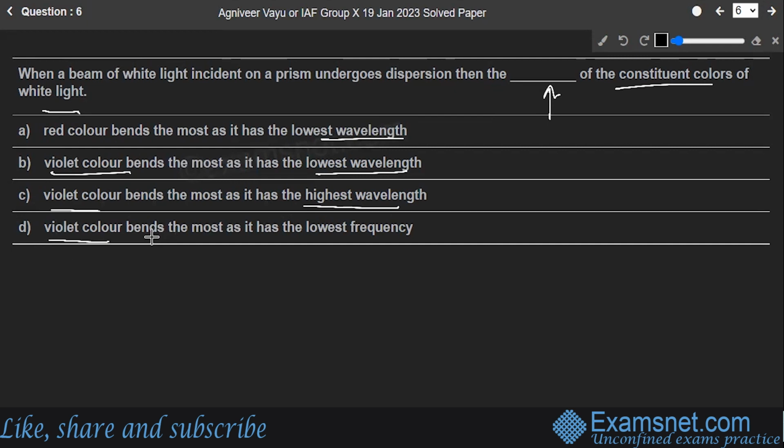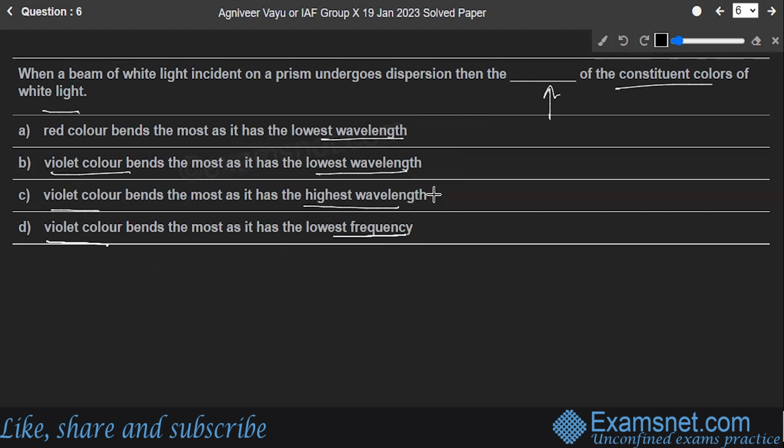Here it should be red, because it's already been talked about over here. And red color bends the most as it has the lowest frequency. Sorry, they are talking about frequency. So violet color bends the most because it has the lowest frequency.